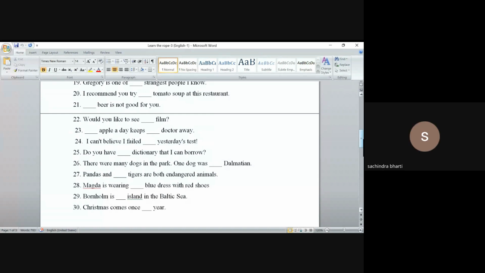Specific means would you like to see the Hindi film, or would you like to see any film? Even if you're using Hindi film, you can use "a" or "the". You can say, would you like to see a Hindi film, or would you like to see the Hindi film? Both are correct.